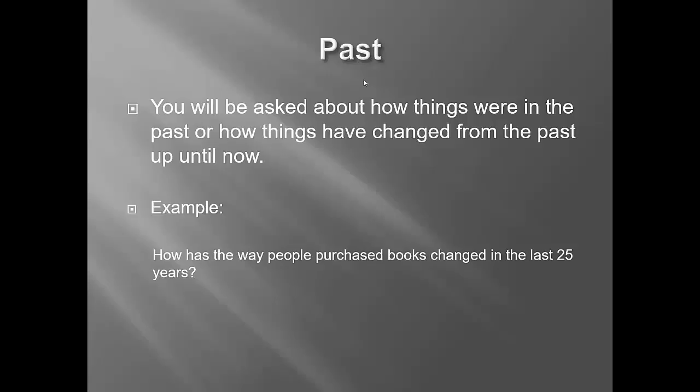So you would have to say, in the last 25 years, the book market has changed significantly since people have started to buy online rather than go into traditional bookstores, something like that. Obviously you would add much more detail, but that's just showing you the structure that they're trying to get you to use. Or they could ask you, 10 years ago, did you buy ebooks or paper books, or something like that. And the questions won't all be about books, by the way.